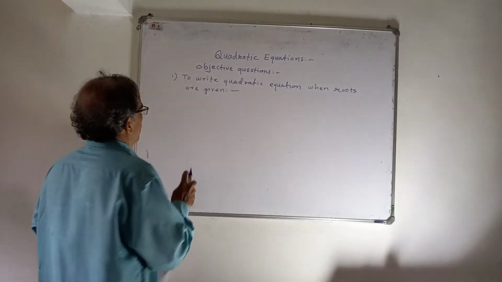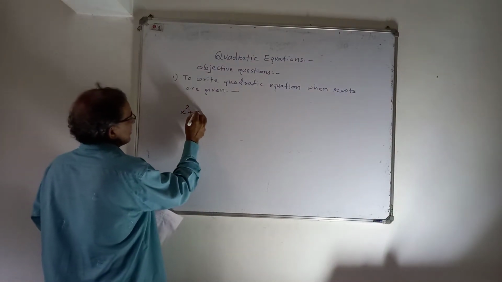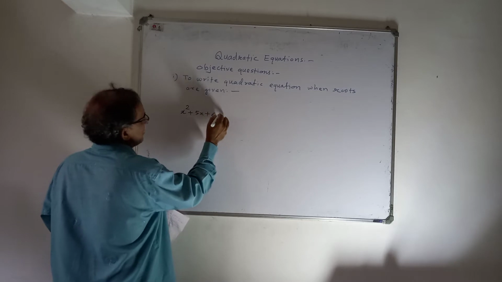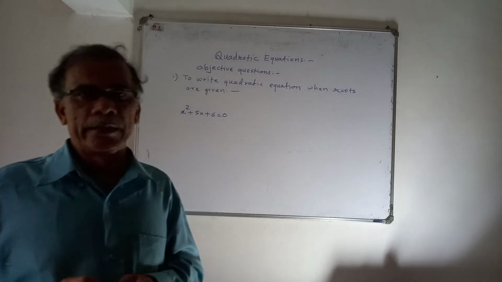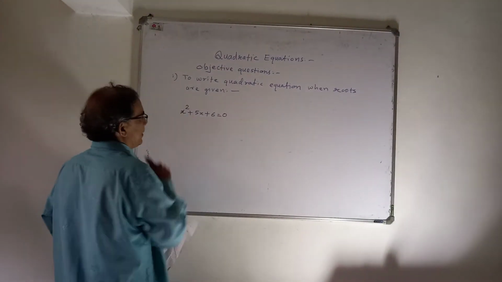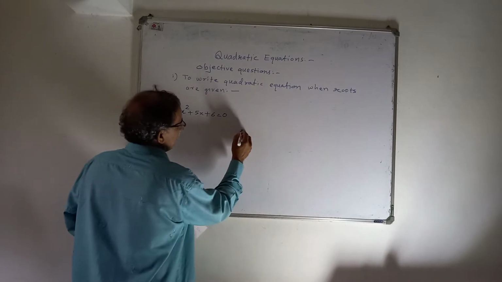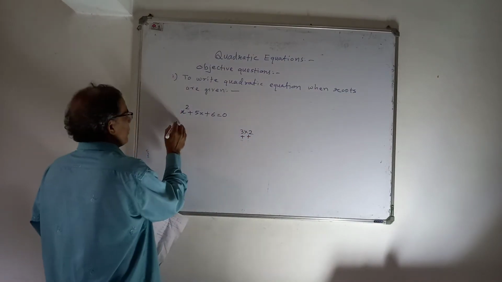For example, consider this simple quadratic equation x square plus 5x plus 6 is equal to 0. We know to find the roots of this by splitting the middle term. Multiplication 6, addition plus 5, which is that pair? 3 into 2, and both are positive, isn't it? So what we do?